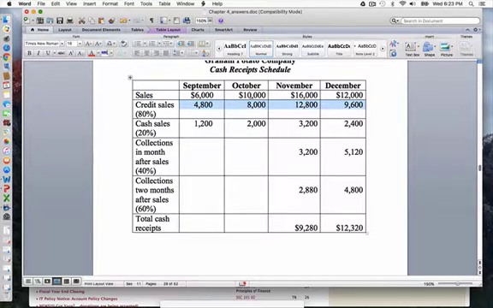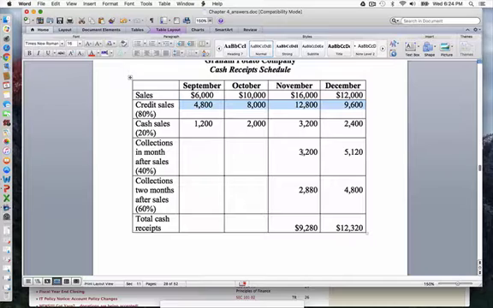So for example here, from October, that's accounts receivable. We have 40% in the month after the sale, so this is 40% of 80,000, which is 3,200. And then we have 60% of accounts receivable. So you see those two add up to 8,000.